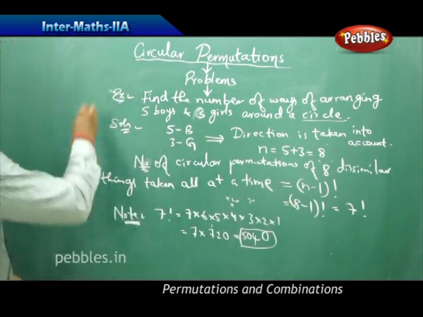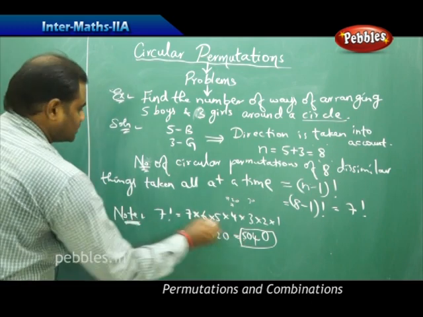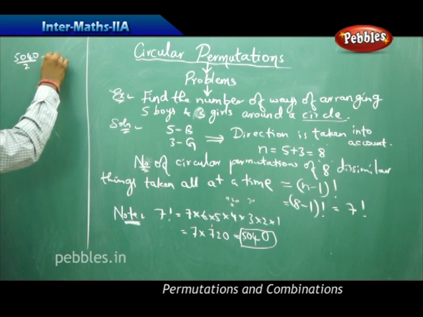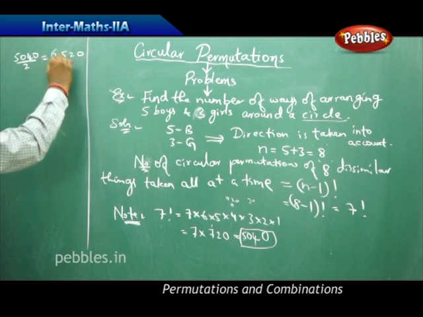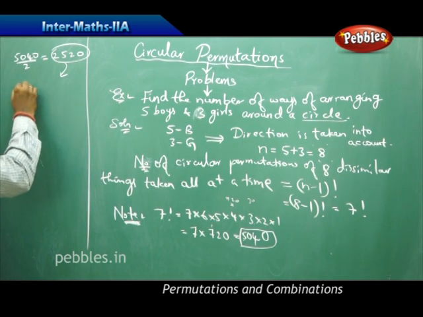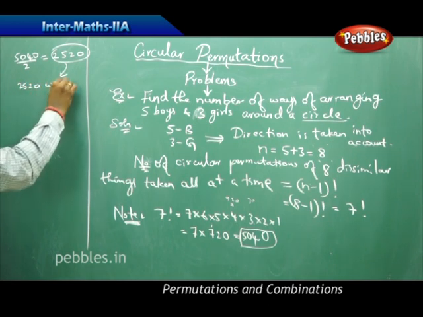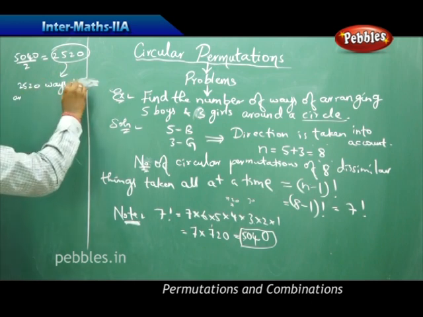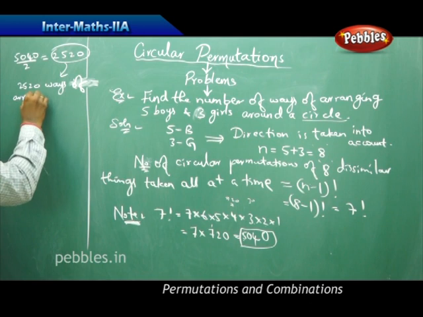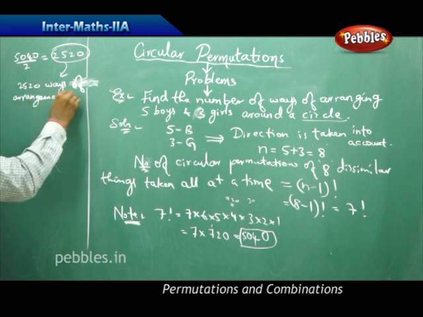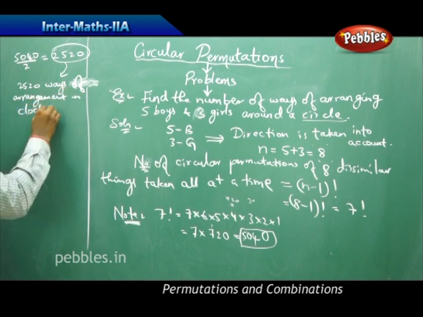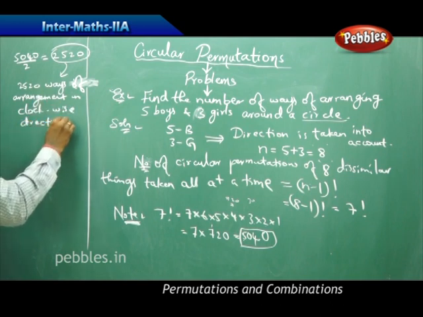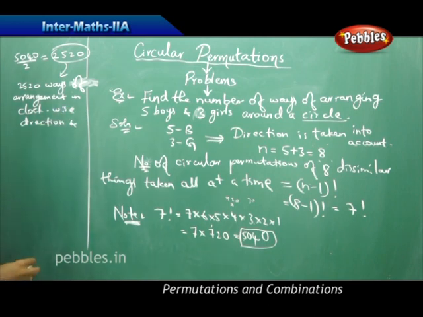So it is an interesting note that if I have 5040 by 2, which comes out to be 2520, that shows that 2520 ways of arrangement are in the clockwise direction and the rest in the anti-clockwise direction.